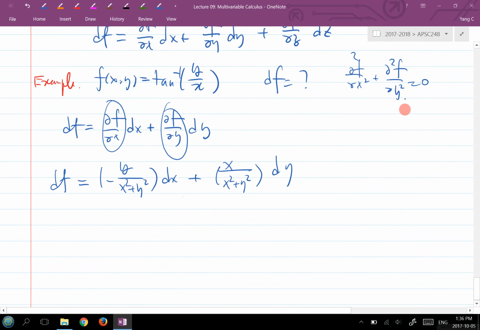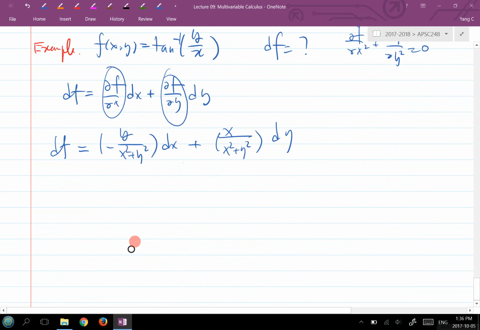What's more applicable is the type of example as following here. Let's say we have a cone. Suppose we have a cone.